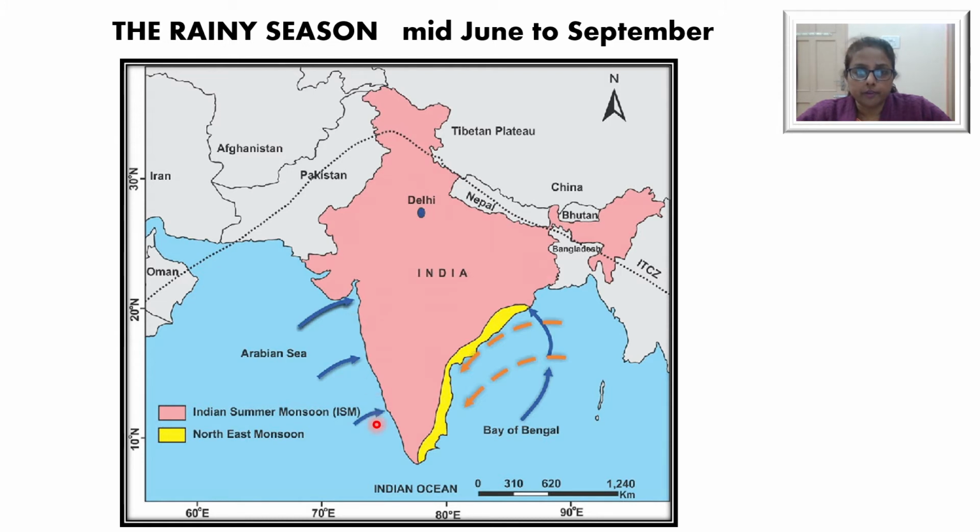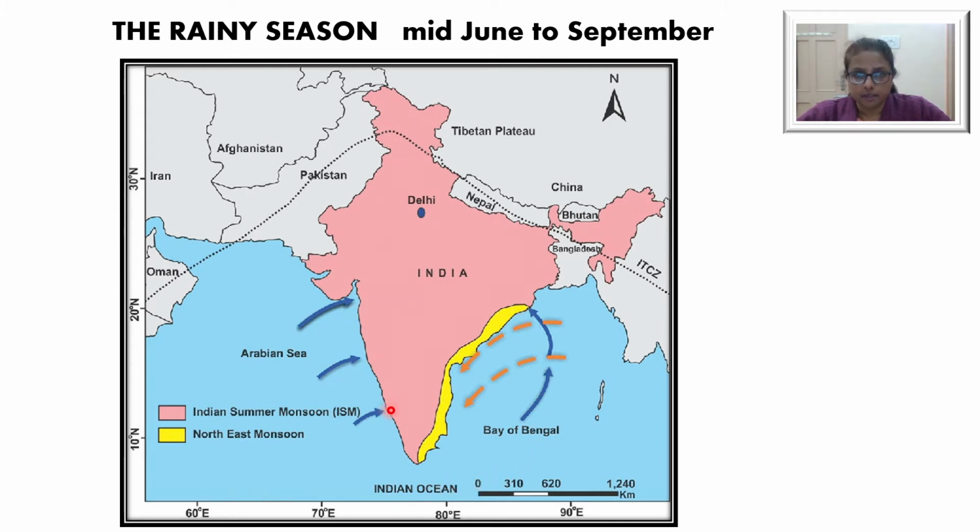Now, due to the configuration of the land, the monsoon winds come as two different branches, the Arabian Sea branch and the Bay of Bengal branch.